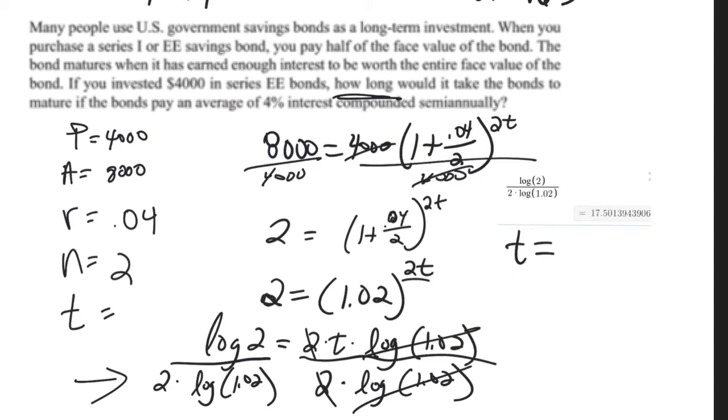The log of 2 divided by 2 times the log of 1.02 gives me 17.5 years, which was well within my prediction, and my prediction was a shot in the dark, honestly. I only predicted that from my experiences in real life. I've always observed other people getting savings bonds from their grandparents, because nobody ever bought savings bonds for myself and my sisters when we were little.